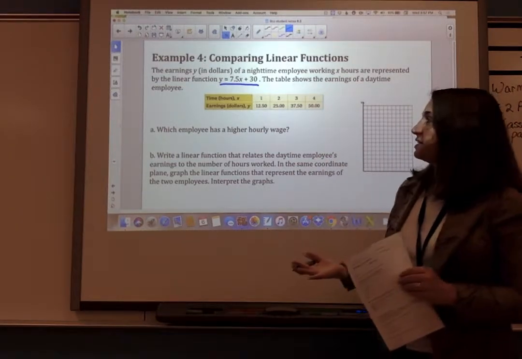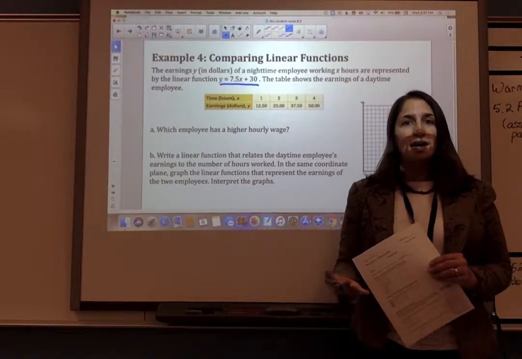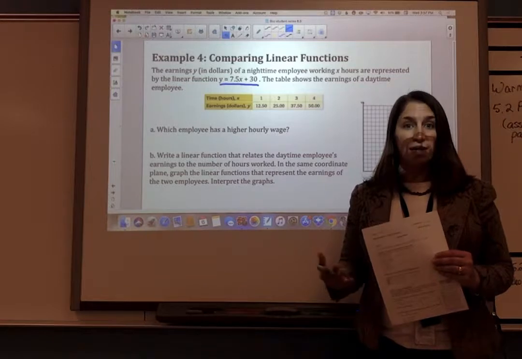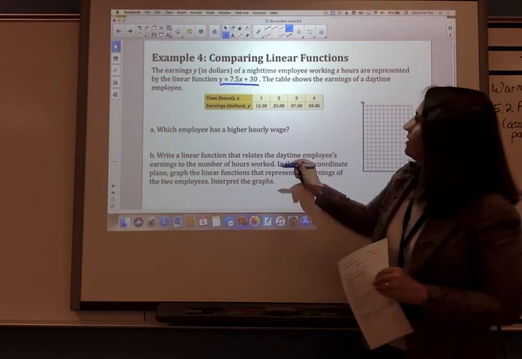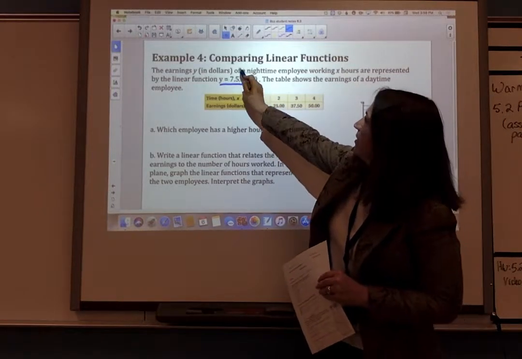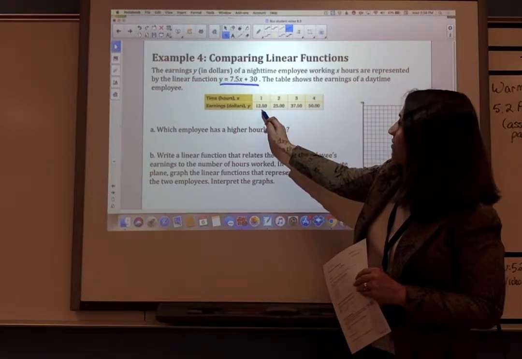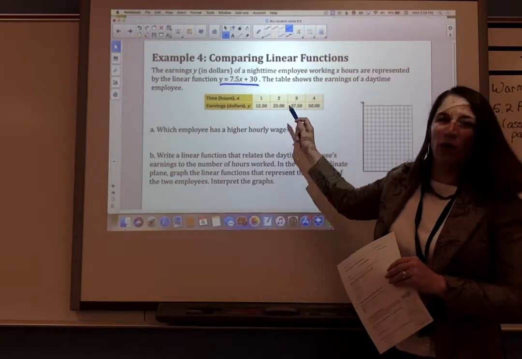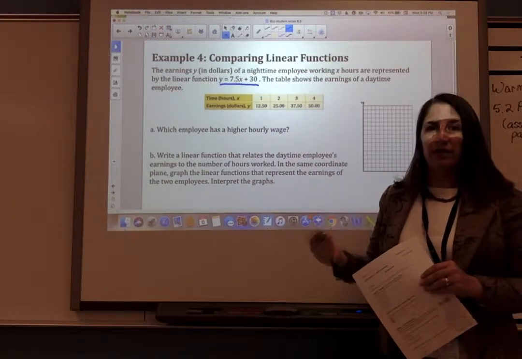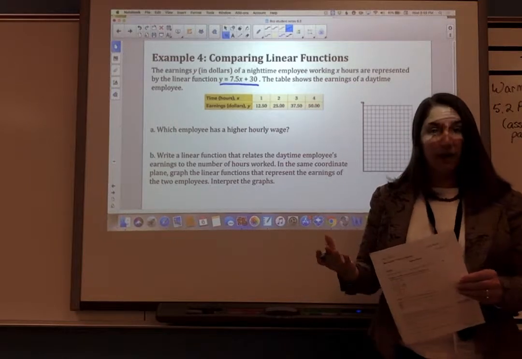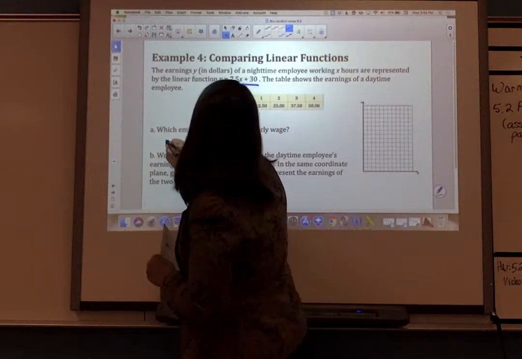First we have to decide which employee has the higher hourly wage, or the larger pay rate. The nighttime employee makes $7.50 an hour, and the daytime employee, every hour it's increasing by $12.50. So the daytime employee has an hourly wage of $12.50, which is higher than $7.50. So daytime employee.